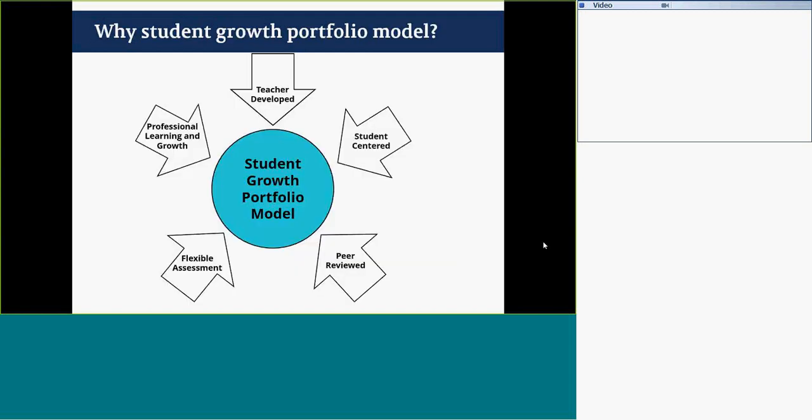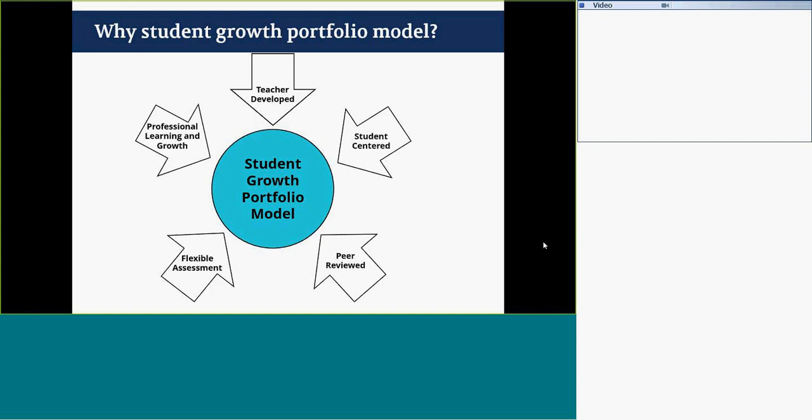So again, why the student growth portfolio model? On the screen, you see the heart, really the heartbeat of the portfolio. So it is teacher developed. We will continue to value and seek out the feedback from teachers as they begin the process of portfolio implementation.